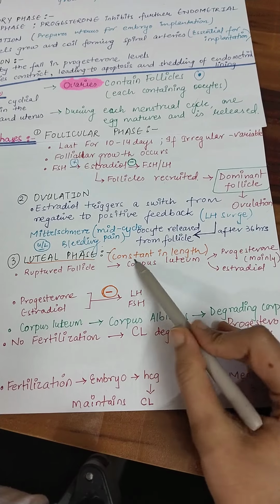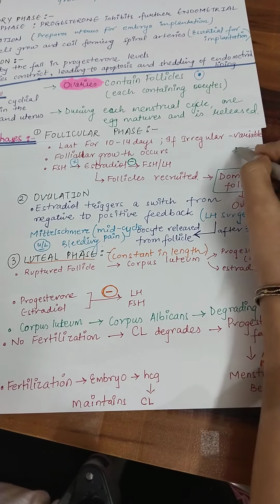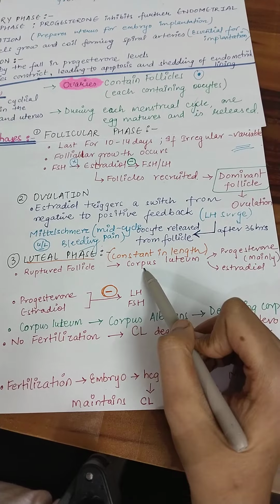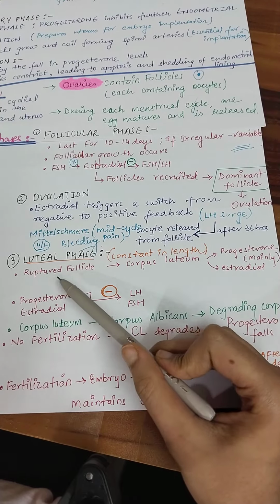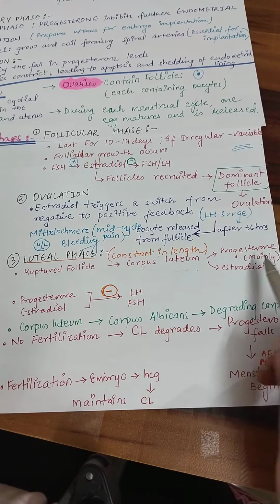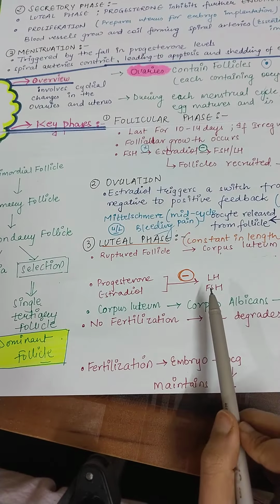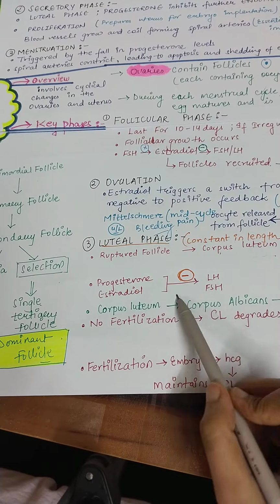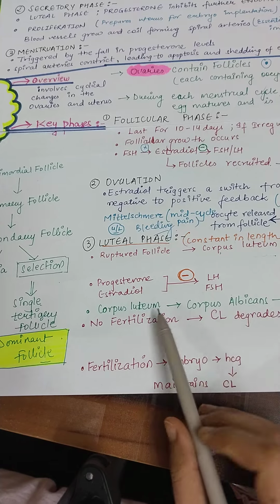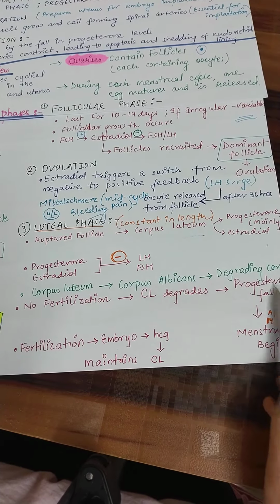The luteal phase is constant in length, while the follicular phase is variable in length. The ruptured follicle will form a corpus luteum, which will release mainly progesterone and a small amount of estradiol. This progesterone and estradiol will lead to negative feedback on LH and FSH. The corpus luteum will form the corpus albicans and further degrade.